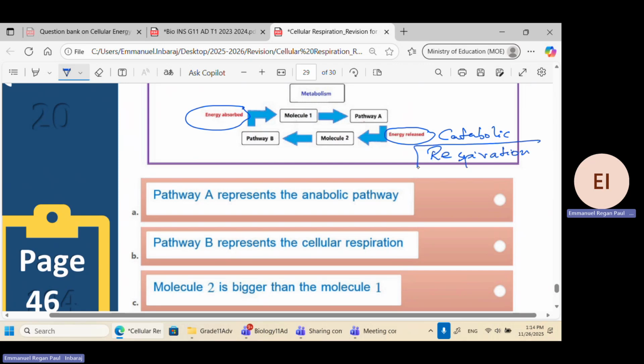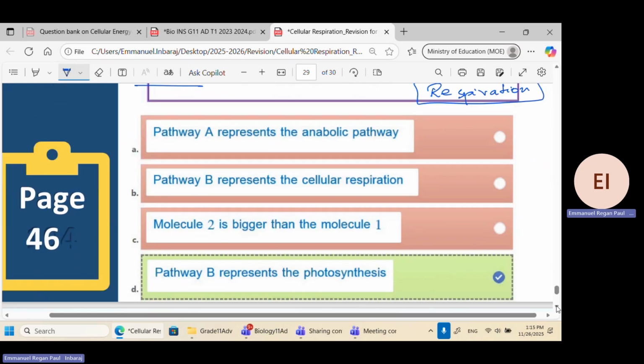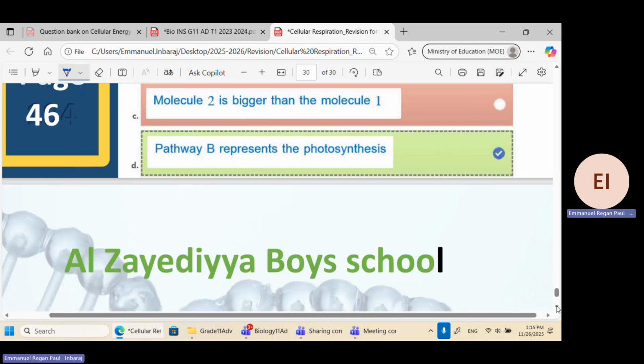Respiration releases energy, it's a breakdown. And when energy is absorbed, this is anabolic. Which process is anabolic? Photosynthesis is anabolic. So pathway B will be photosynthesis and pathway A will be respiration.